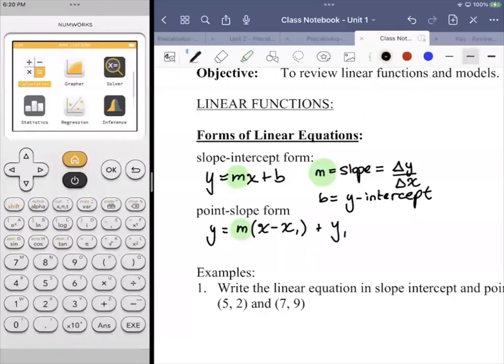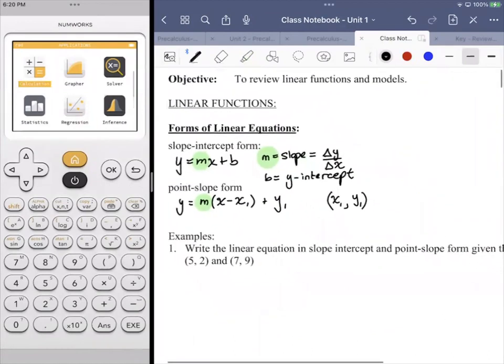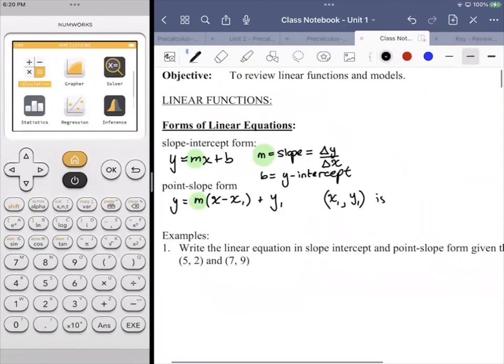All right. But the x1, y1 is a point on the line. Any point. Right.